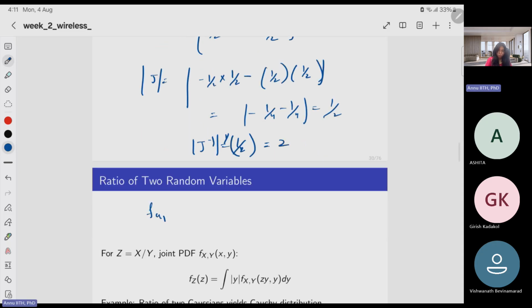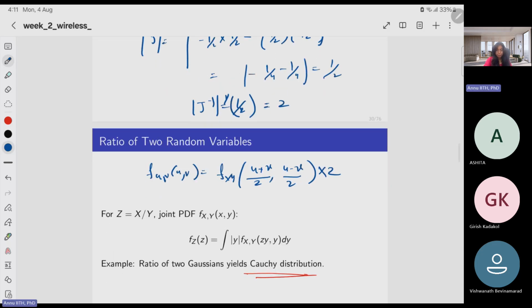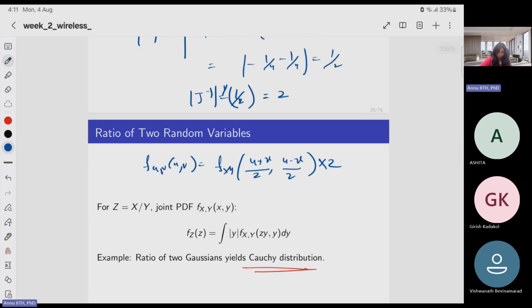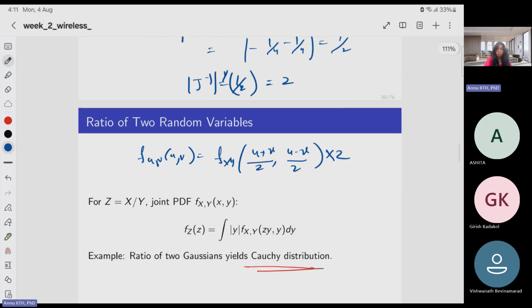So f of u, v is equal to f of x, y at (u plus v) divided by 2, (u minus v) divided by 2, times 1 by 2. With simplifications you can get the final answer. This is a three-variable Jacobian matrix. Fine, back to the solution.